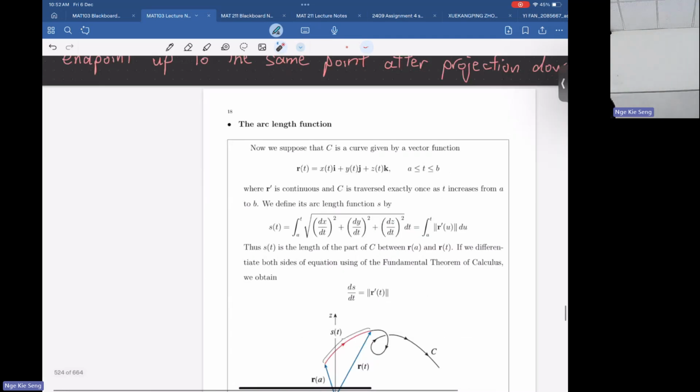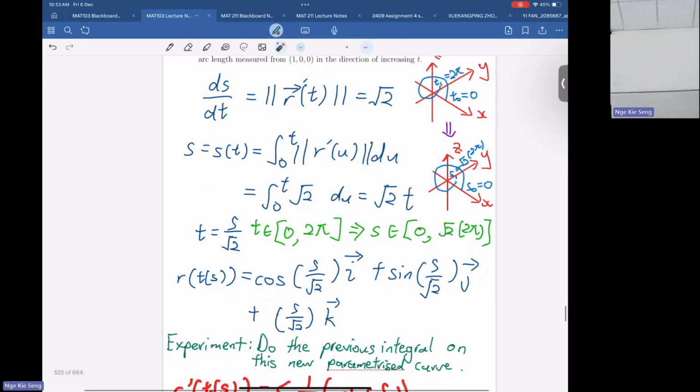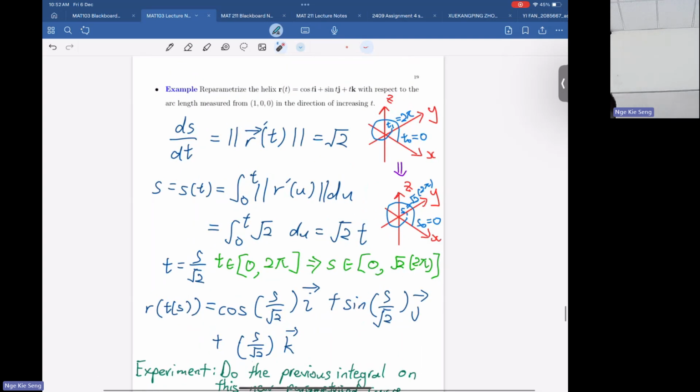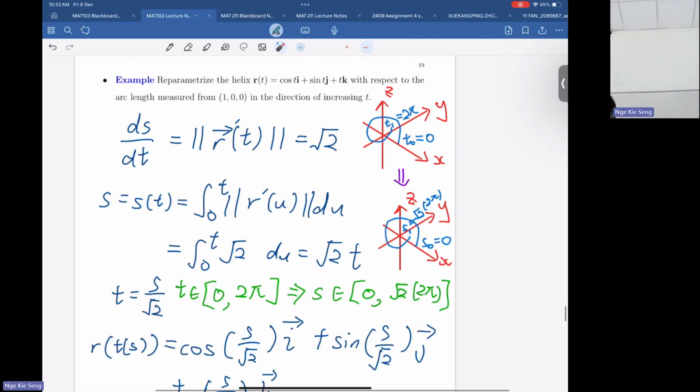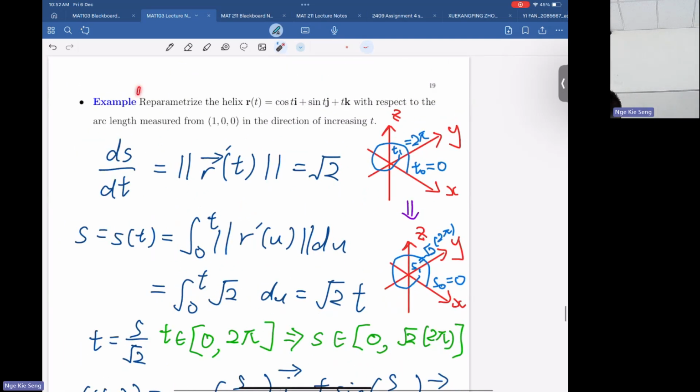So what can this do for you? Let's see this example here. Let's say this question asks you to reparameterize this helix with respect to arc length. This helix, we have seen before. Yes, we have seen it before. This is a circle, but you can see that the points have an increasing height with respect to t, I mean, in the z direction.